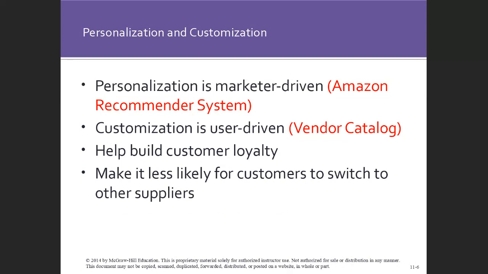When personalization is marketer driven, in this example Amazon, or the classic example, you buy something and it says, people who bought this also frequently bought these items. That's called an expert recommender system. They have huge databases of everybody that bought whatever you bought.